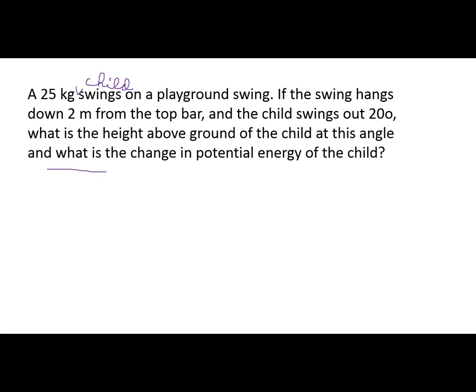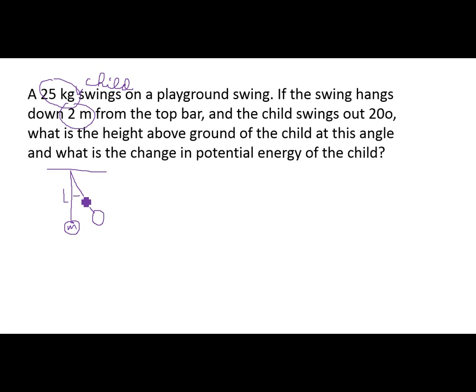If the swing hangs down 2 meters from the top bar, okay, so here's our swing and here's our child, M and L. The child swings out 20 degrees, so let's swing this out here, 20 degrees.